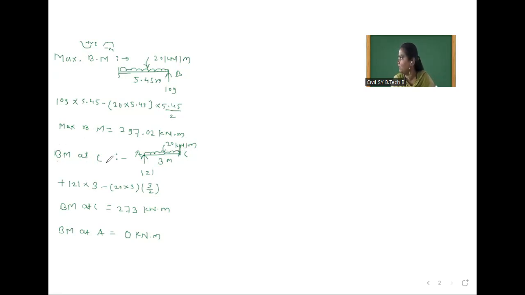Bending moment at C. We have considered this span from the left side. Okay, this is our A point, and we are calculating moment at this point. Okay, this is 121 kilonewton. First we will consider this force only. Okay, this 121 into perpendicular distance 3. Okay, got it? This load is over.